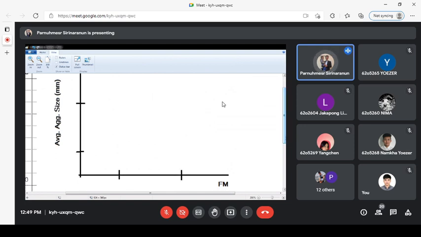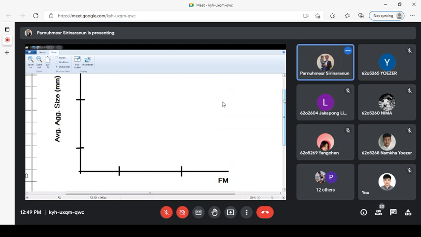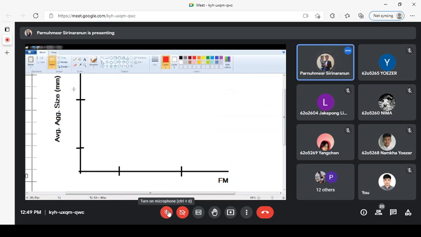Horizontal is the finite modulus. Vertical axis is the average aggregate size. You know that it's between finite number 2 and 3, yes, sieve number 30 and 50. 2 is number 50, 3 is number 30.